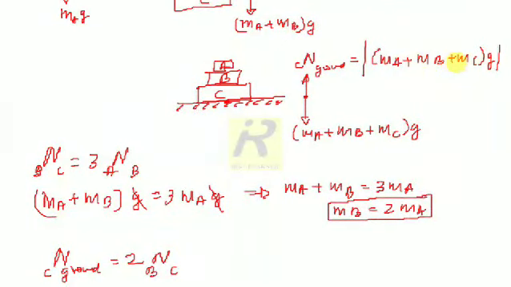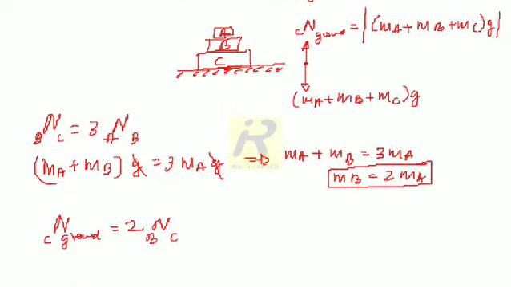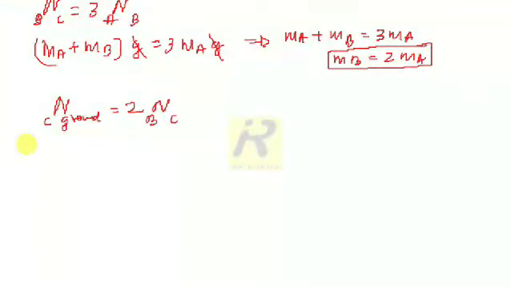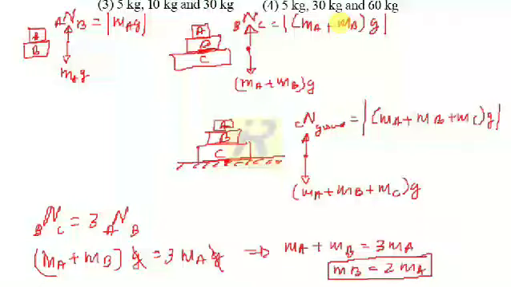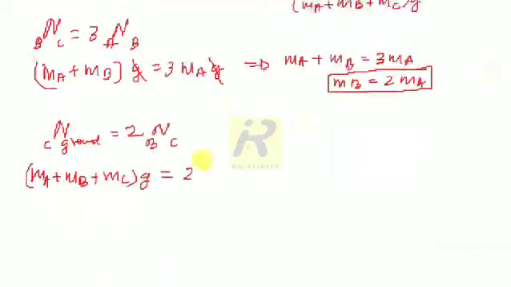NC ground is the sum of all masses multiplied by G, which is equal to 2 times NBC. NBC is the sum of masses of A and B multiplied by G. Here also the term G gets cancelled.